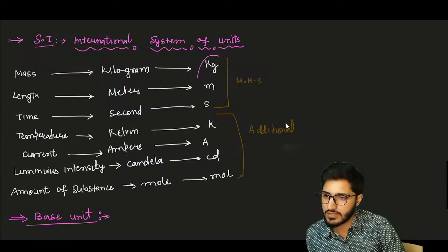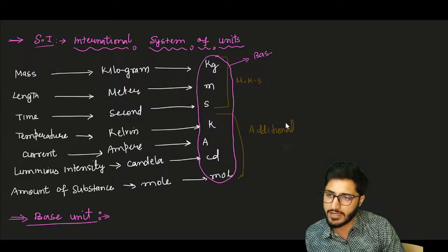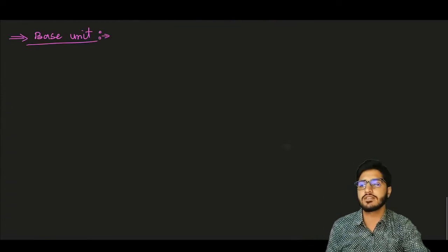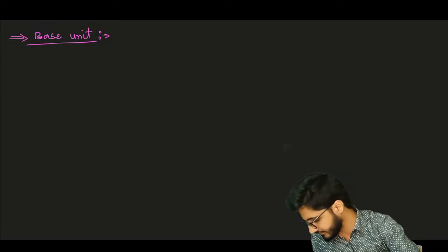So these seven representations are units of base quantity, so I can write those as base units. Units which go with the base quantities are known as base units.